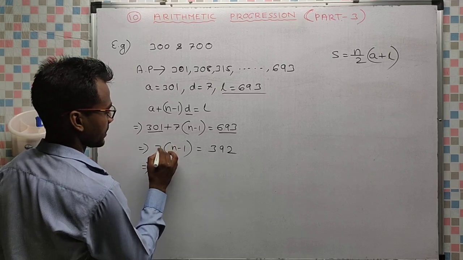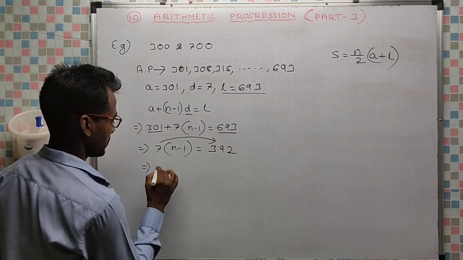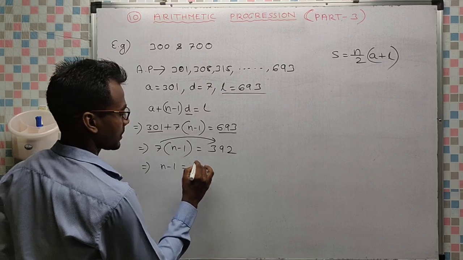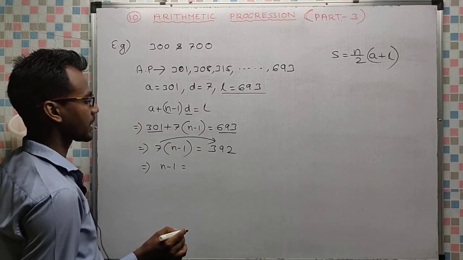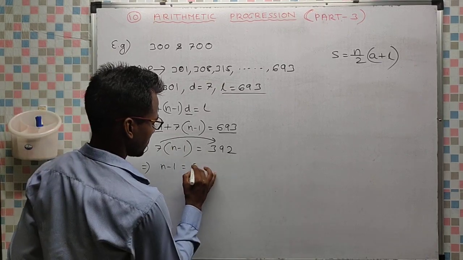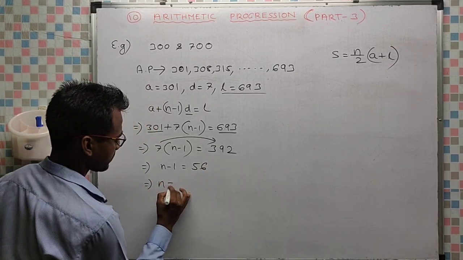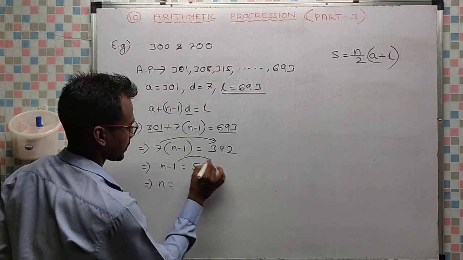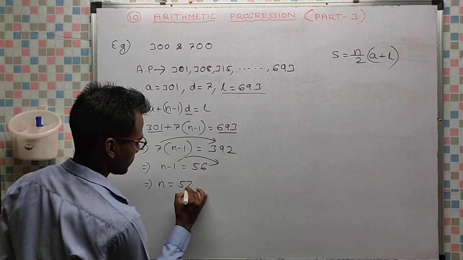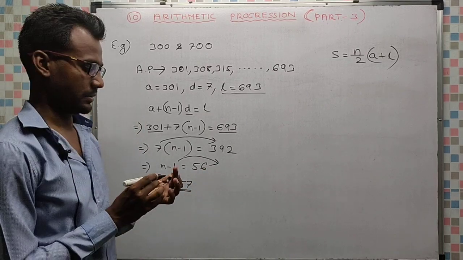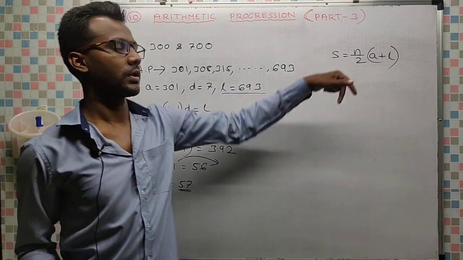Now 7 goes to the right side. 392 by 7 is 56, since 7 5s are 35 and 7 6s are 42. So n is equal to 56 plus 1, which is 57. We got n.